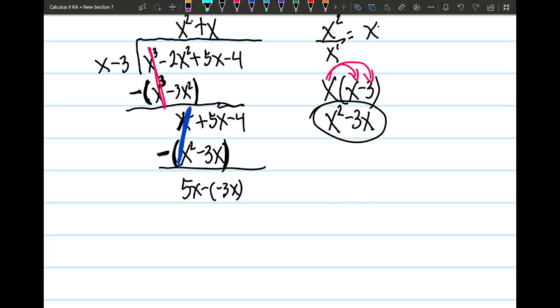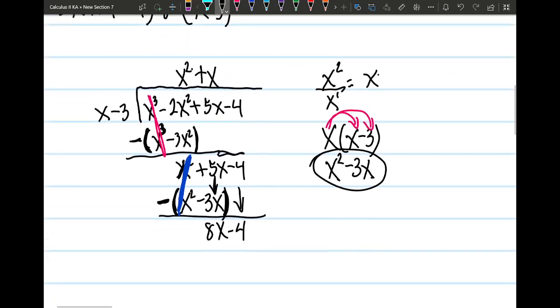So this would really be 5x plus 3x, and that's 8x. So we would put 8x, and then we would bring down the negative 4.